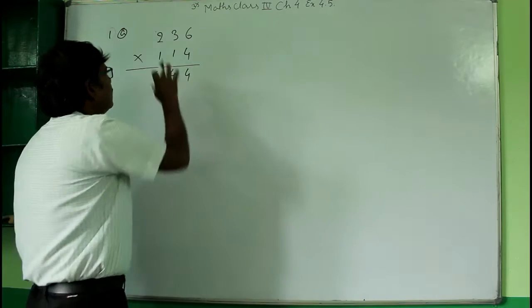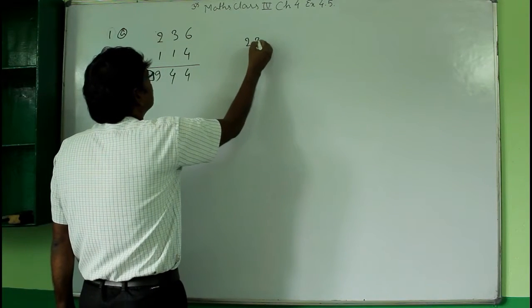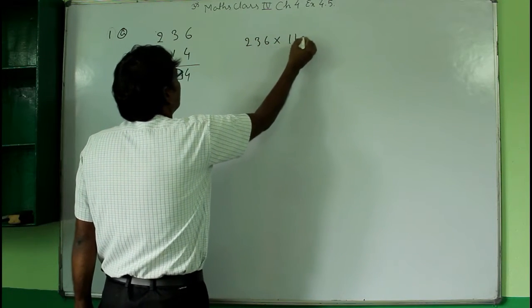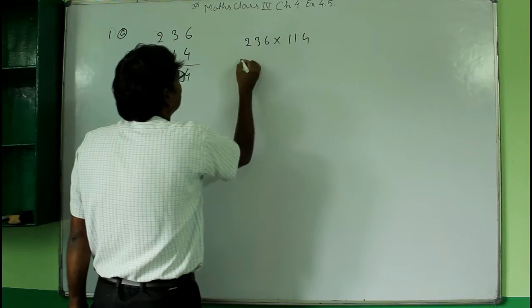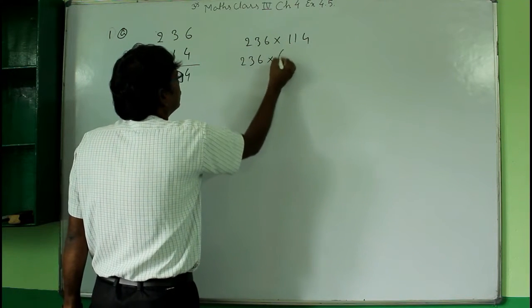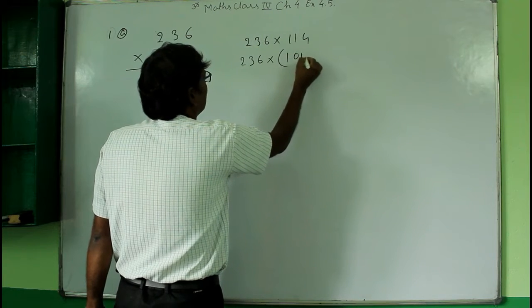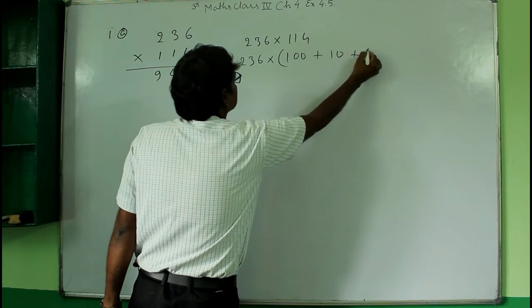Okay, actually you can understand like this: 236 into 114. Then you can write here 236 into, if you expand this, it will be 100 plus 10 plus 4.